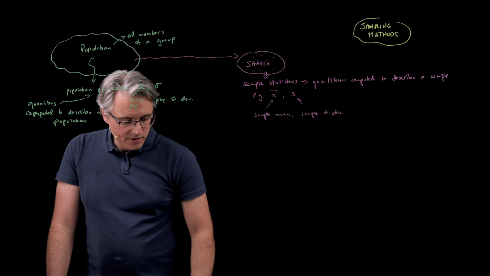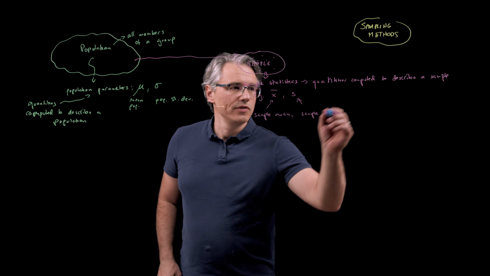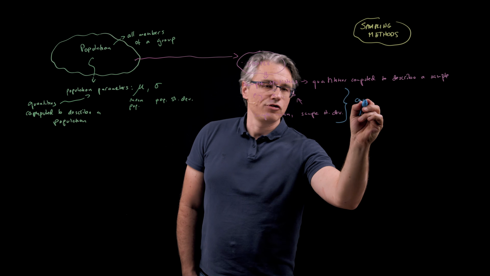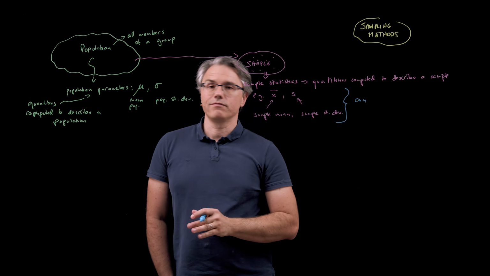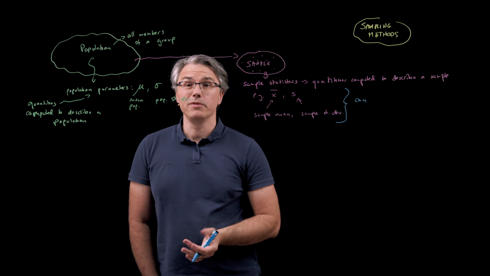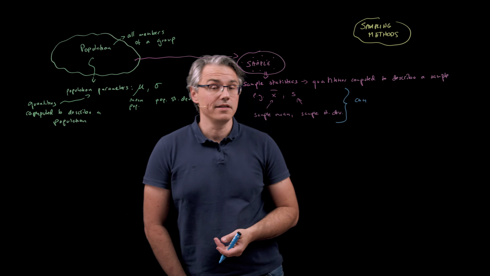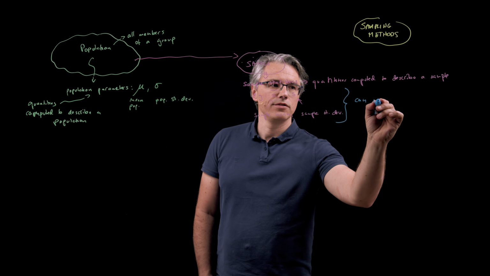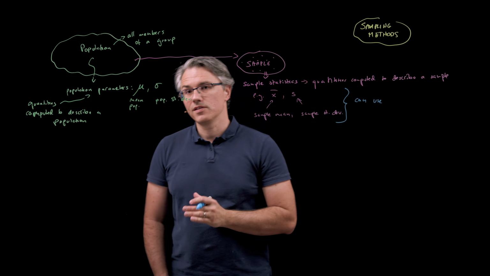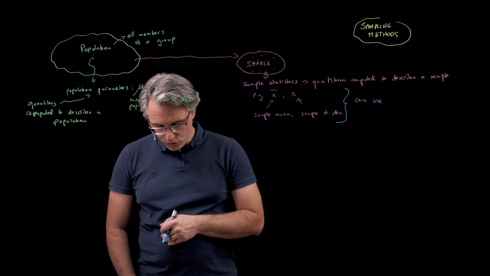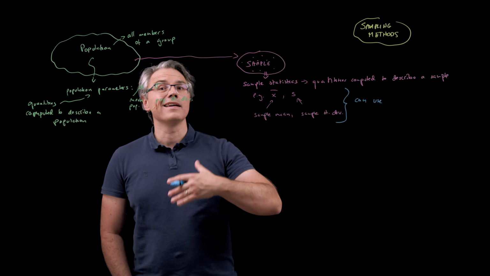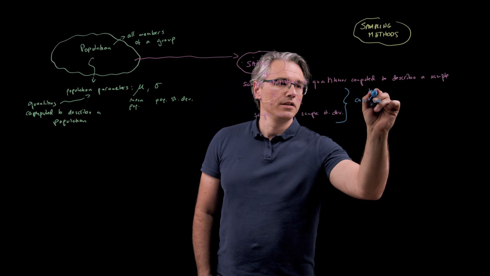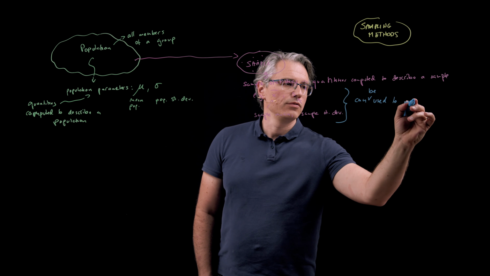Why is sampling important? Because we often use these sample statistics to make judgments about the population. We don't have necessarily access to the whole population, or it may be too costly, too time consuming to test the whole population or measure everything in the population. So we can use the data computed on the basis of the sample statistics to make judgments, conclusions, or as we say, inferences about the population.